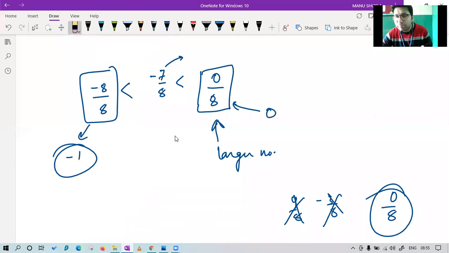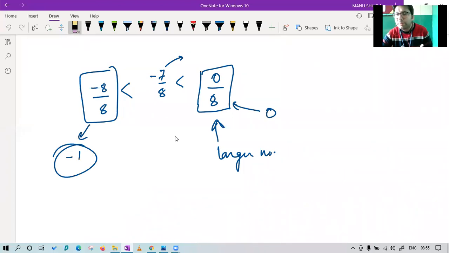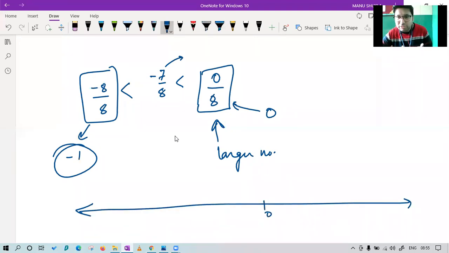We will just make a number line and divide into how many parts? We will make a number line like this where we have a 0. Now class, as we have to make 8 equal divisions, should I make this much gap? Is it fine? Please tell. Because I want to make 8 equal divisions, I need to have some space.